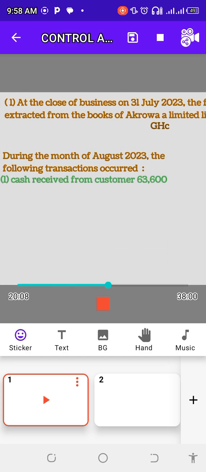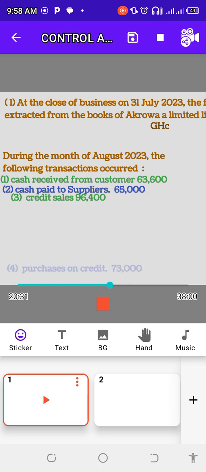Cash received from customers is 63,600. Cash paid to suppliers is 65,000. Credit sales is 36,400. Purchases on credit is 73,000.